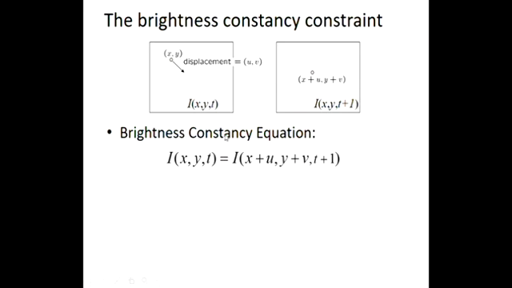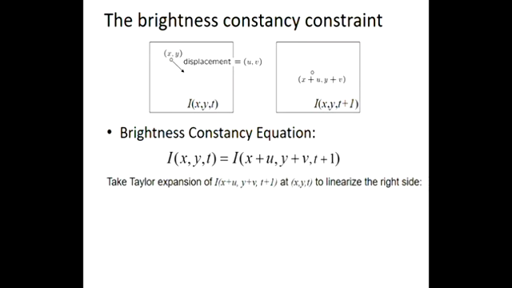The brightness constancy equation just says that the intensity at (x, y, t) will be the same as the intensity at (x plus u, y plus v, t plus 1). So the point didn't change its color between consecutive frames.